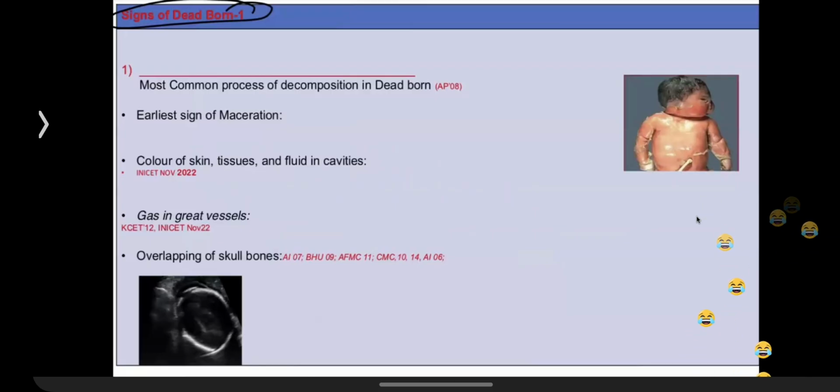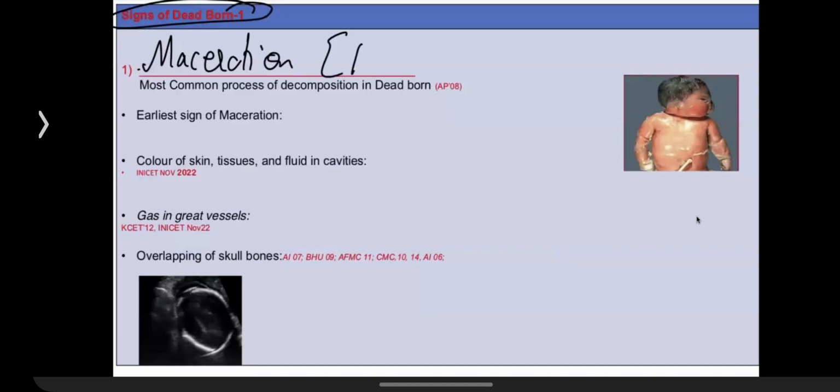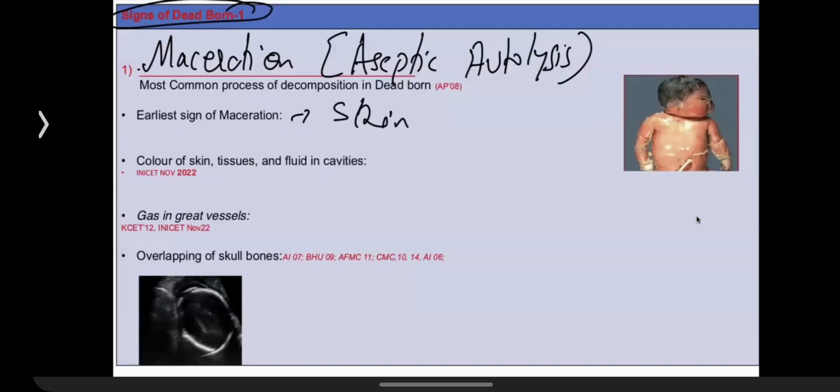First one, signs of dead born. The most common process of decomposition in a dead born is maceration, also called aseptic autolysis. The earliest sign of maceration is skin slippage.